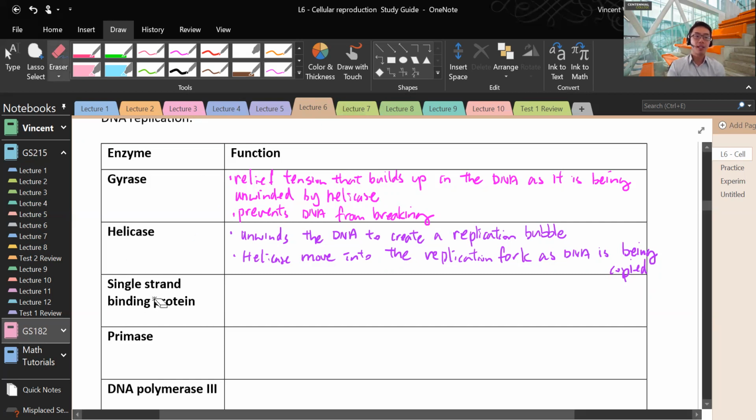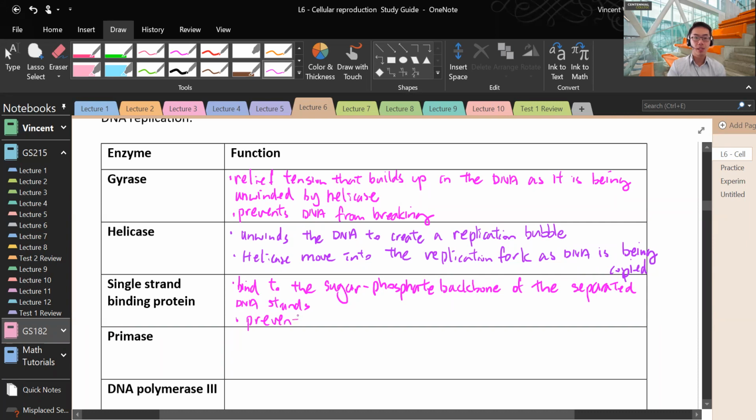So that's why we have single strand binding proteins, and the function is to bind to the sugar phosphate backbone of the separated DNA strand. The job is to prevent reannealing.